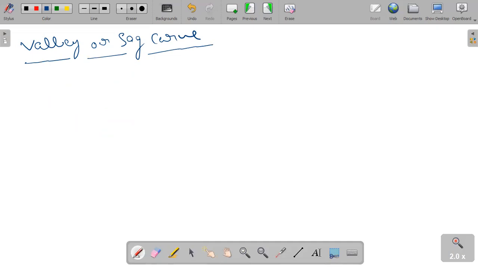Basically, a valley curve is a vertical curve with concavity upward and convexity downward. So for better understanding of the valley curve, let's draw a diagram for that.